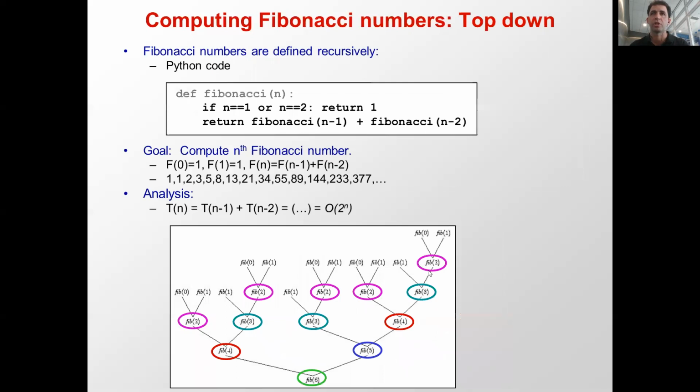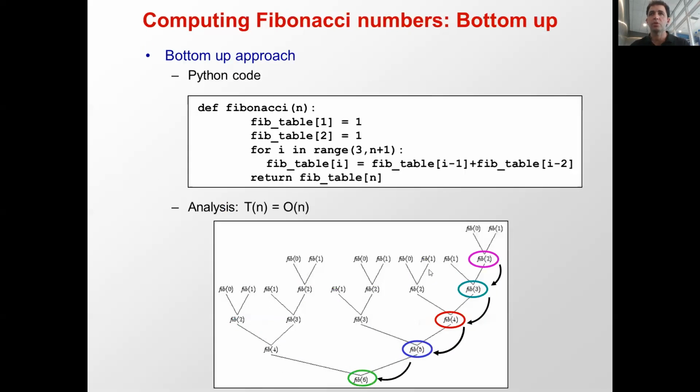of calculating Fibonacci numbers. Instead, what you could do is fill out a table where, to compute Fibonacci of n, I'm actually going to solve a seemingly harder problem: I'm going to compute all of the Fibonacci numbers between 1 and n, systematically from the bottom up. I'm going to put them in a table called Fib table. And then for i in the range of 3 to n plus 1, I'm just filling in my table.